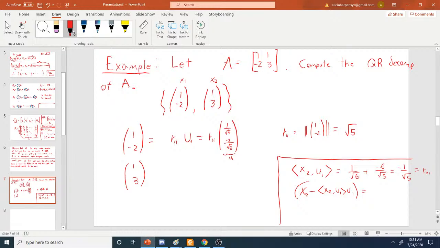And this ends up being equal to, let's see, 1, 3, minus, in this case, we get minus 1 over 25 in the top component, and we get plus 2 over 25 in the second component, which means this just ends up being equal to 26 over 25 and 73 over 25.